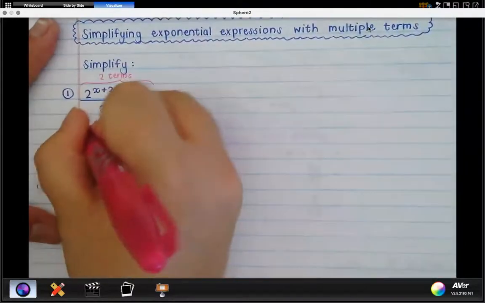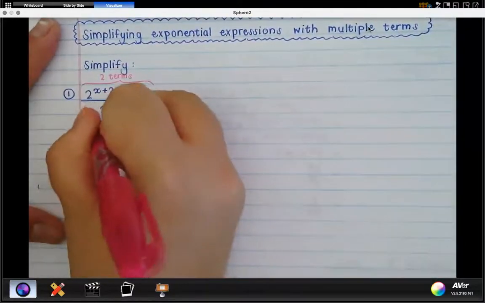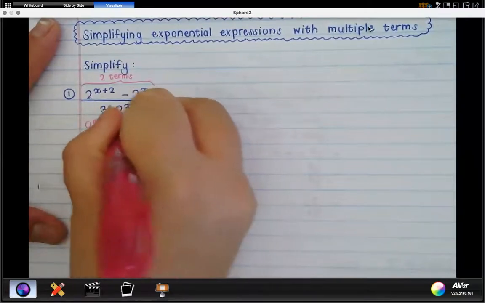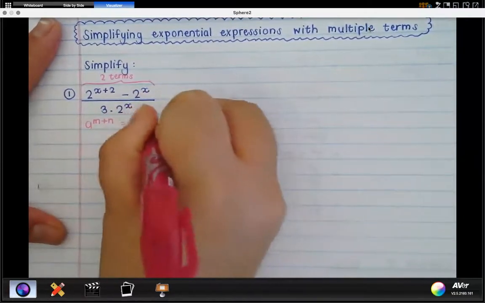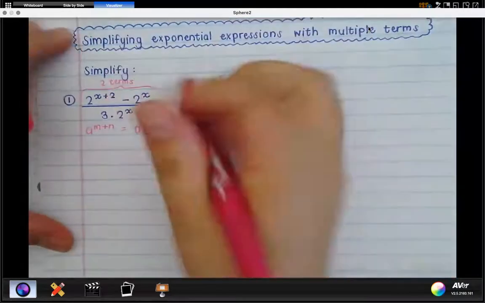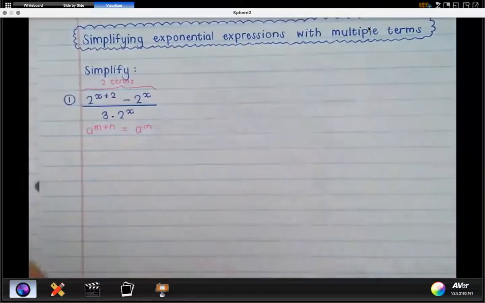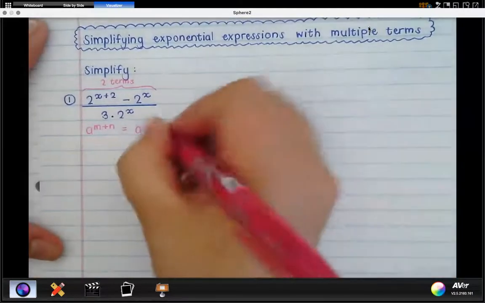I'm going to write it down here underneath. We are going to use that multiplication law in reverse. Sorry, that times mustn't be there. Times must be here.